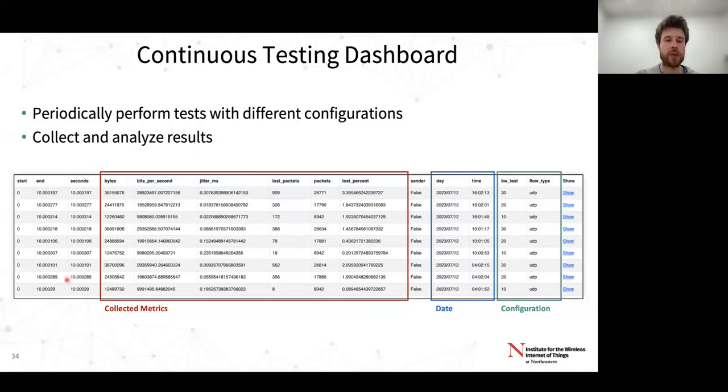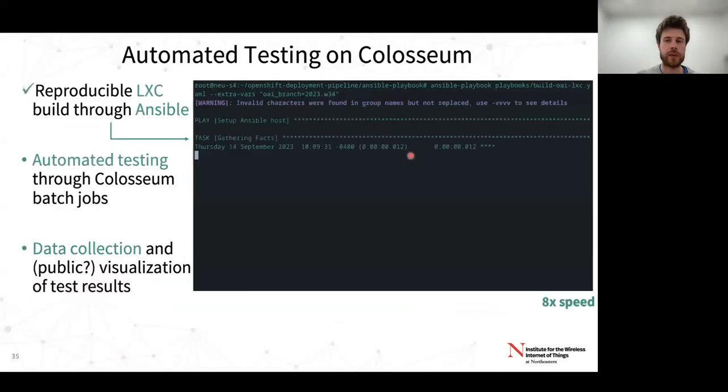Each one of these lines is a test that was performed. We can collect per date, and we can collect different configurations, like we're on UDP with 3 different configurations. We can use this dashboard to collect this history of results and compare the new tests with it.